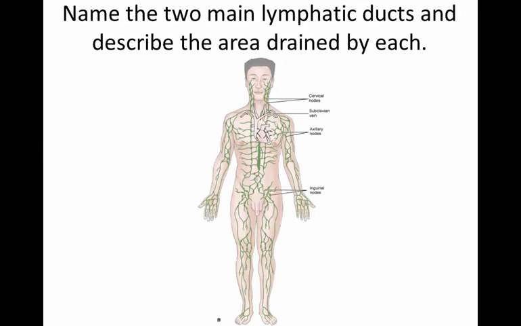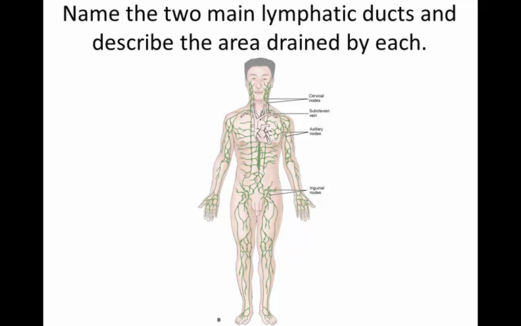If we take a close look at the human body and indicate all the lymph vessels that are throughout it, we can see that there are a couple main regions where you find a number of lymph nodes. Mostly they're actually at joints. And so as we can see up in the neck region, there are a number of lymph nodes that we call the cervical nodes. Those cervical lymph nodes are called that because cervical is referring to the neck region.